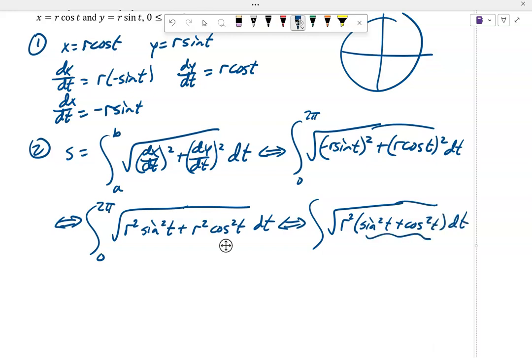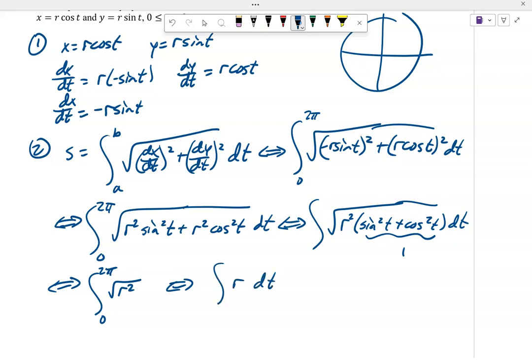Well, we know that's 1. So we've just got the square root of r squared, t being 0 to 2 pi. So we've got r dt from 0 to 2 pi. And so we've got rt, t being 0 to 2 pi.